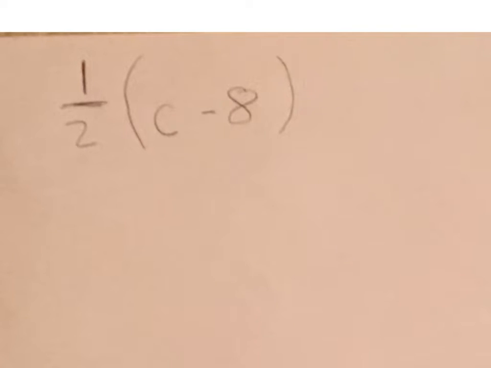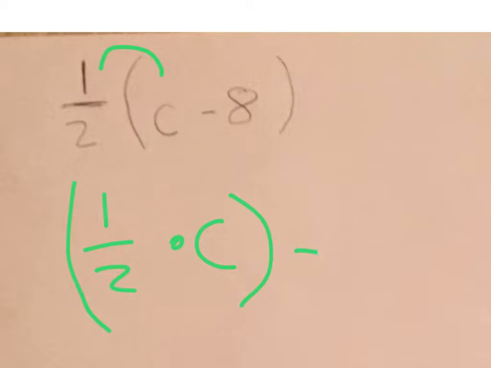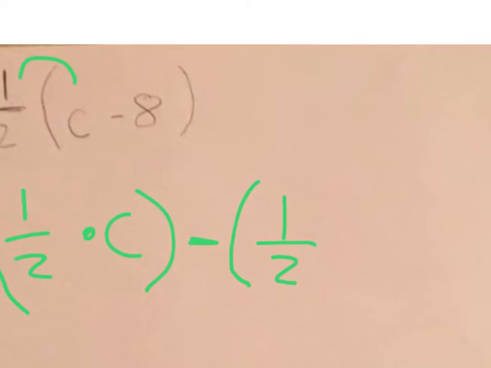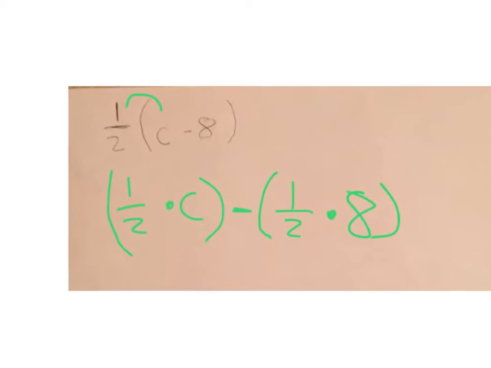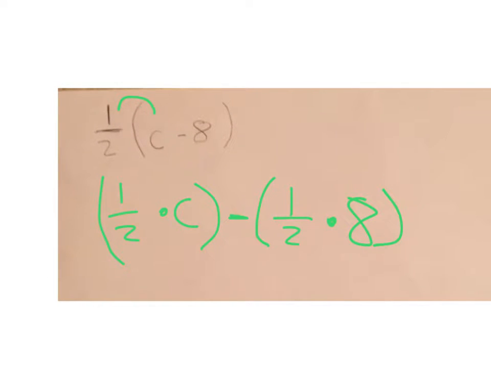So what we do is 1/2 times c, then we'd minus 1/2 times 8. So that is simplified.